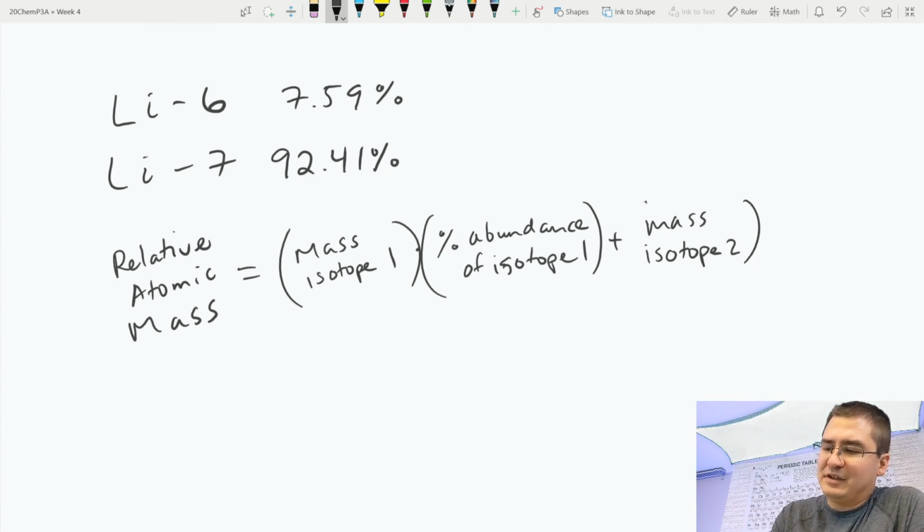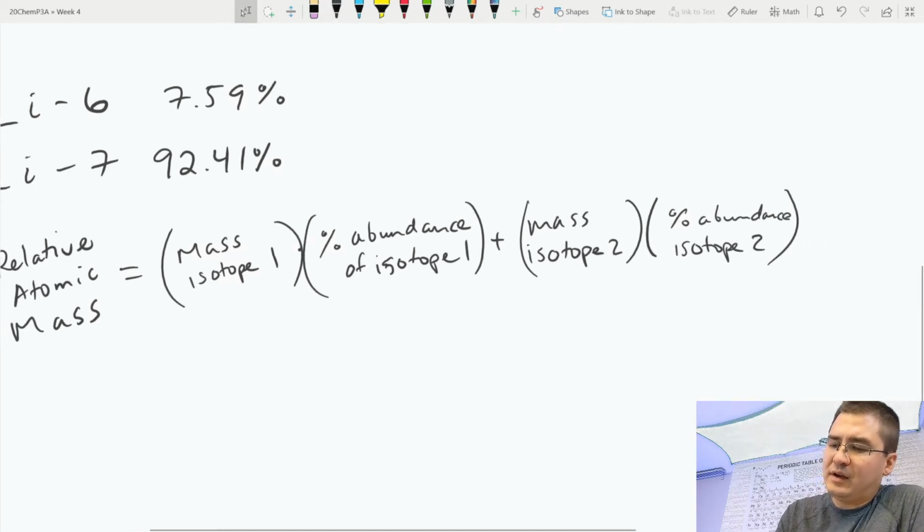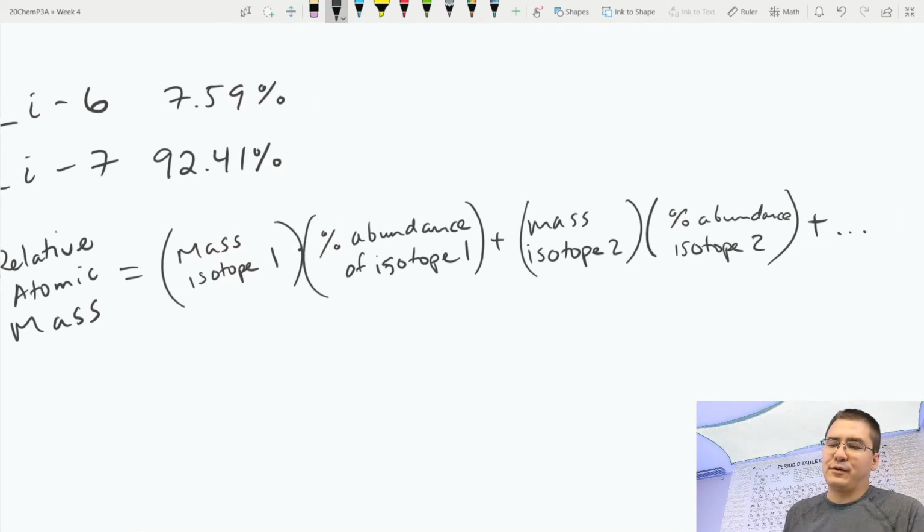You'll just know the formula. Times the percent abundance of isotope 2, plus dot dot dot for all isotopes.